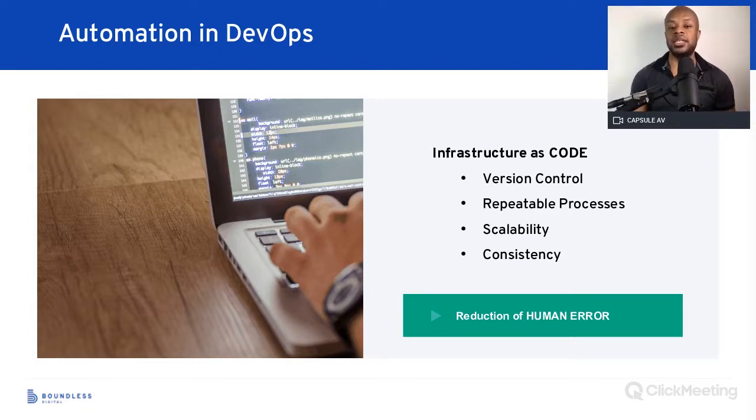Another benefit is the idea of repeatability. Once you use code to manage your infrastructure, you can easily do things such as duplicate configurations, and that lets you, for example, duplicate or clone your entire infrastructure so that you can have test environments and production environments.